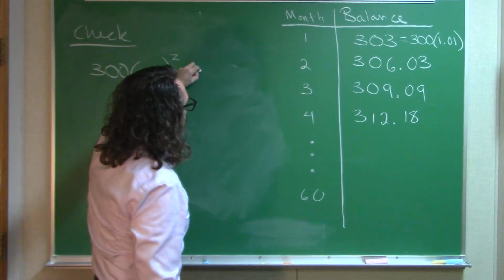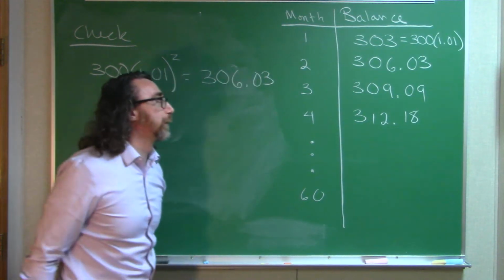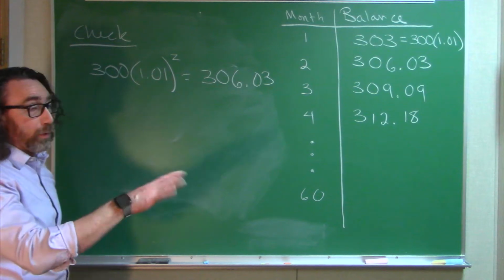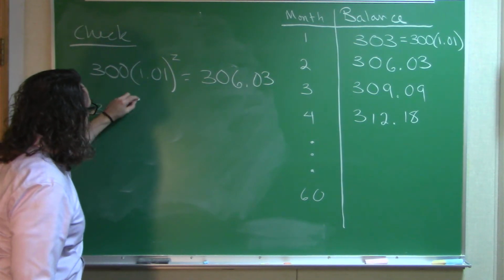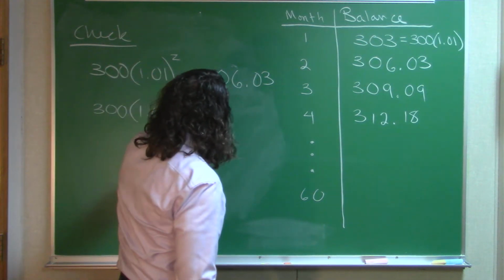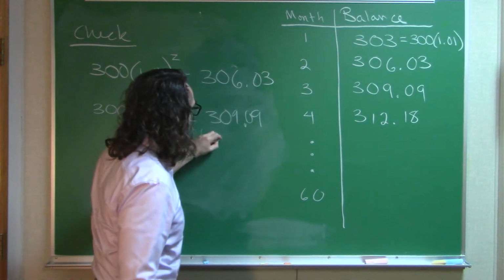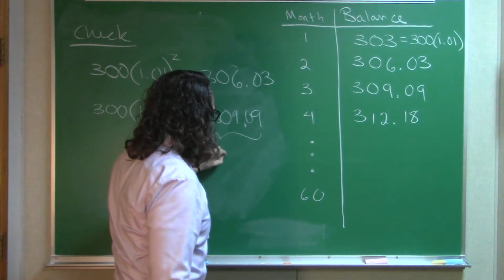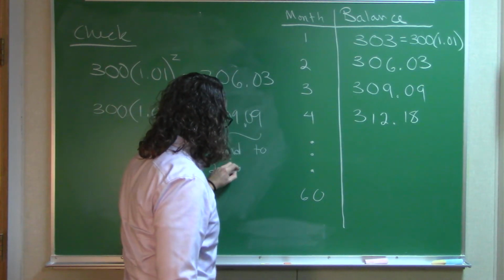You should get 306.03, no rounding or anything like that. If you do 300 times 1.01 cubed, you should get $309.09. Now, in this, I do have to round to 2 decimal places.